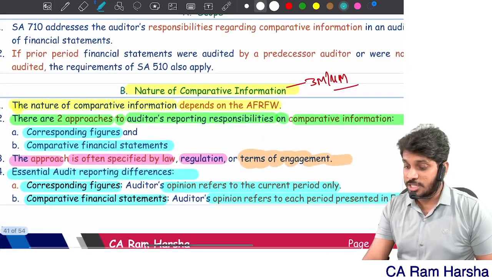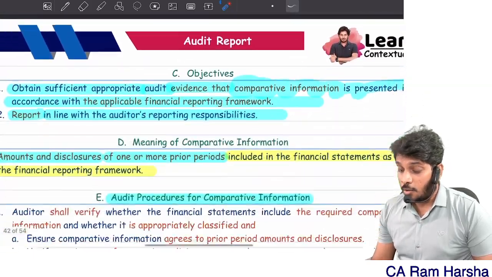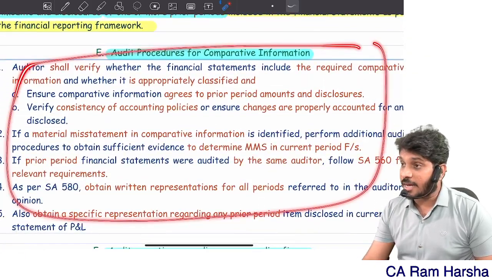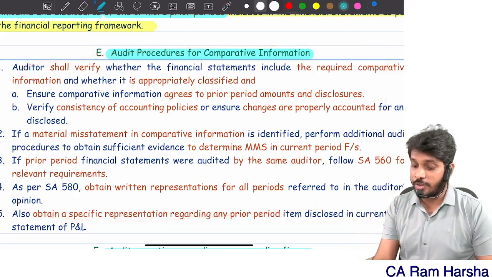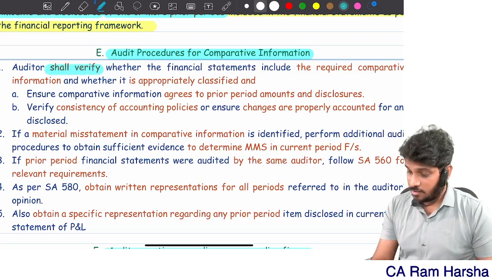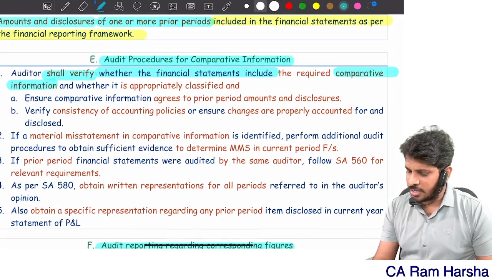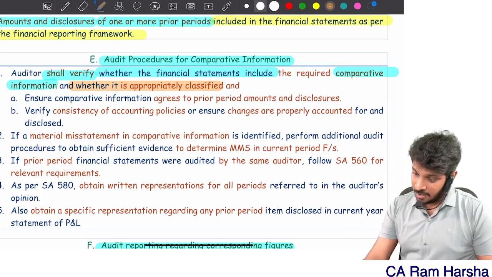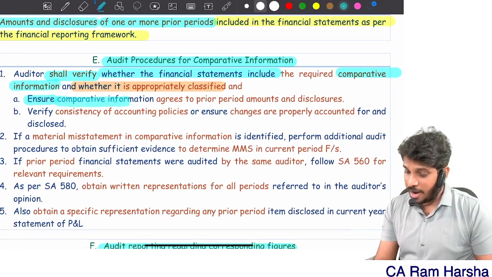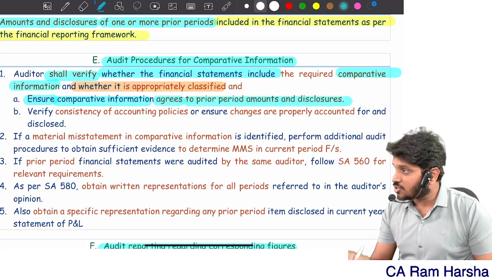Remember, if the question is to write about the nature of comparative information, you should write this answer. The audit procedure for comparative information means what the auditor has to do regarding comparative information. What you need to do: verify whether financial statements include comparative information and see whether it is appropriately classified, and ensure comparative information agrees to prior period amounts and disclosures.